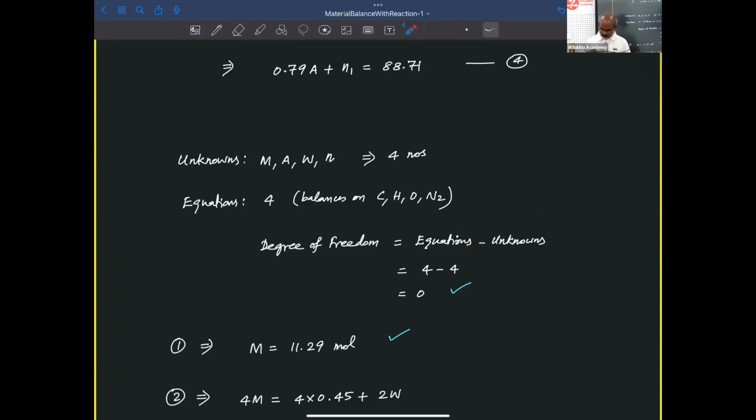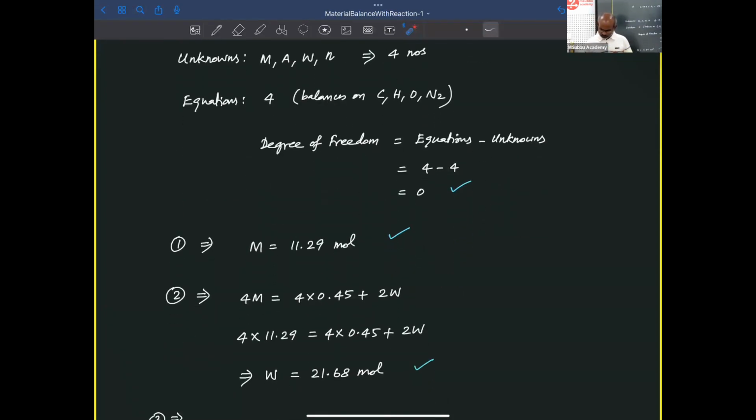Then only you can solve the problem. Actually, we should write unknowns minus equations as the degree of freedom. Here it is simply 0, which means we can solve the problem.